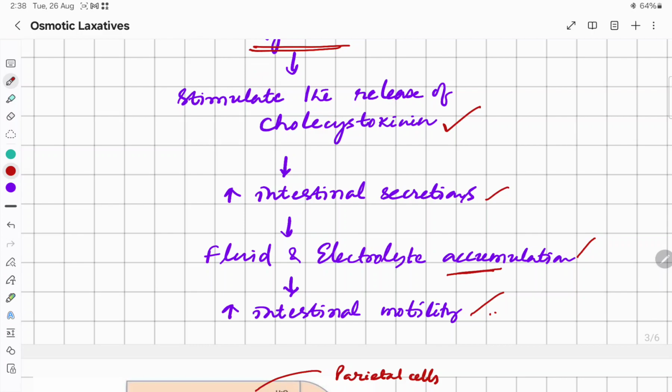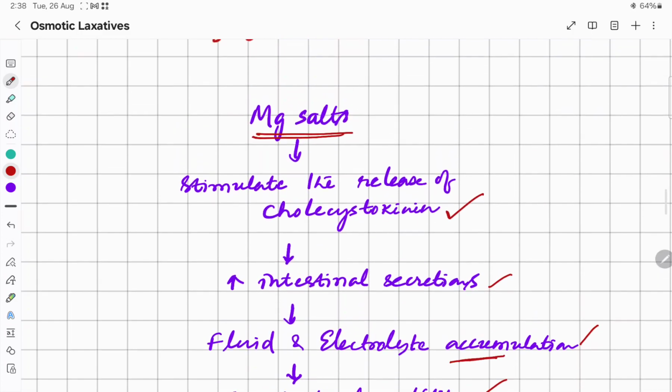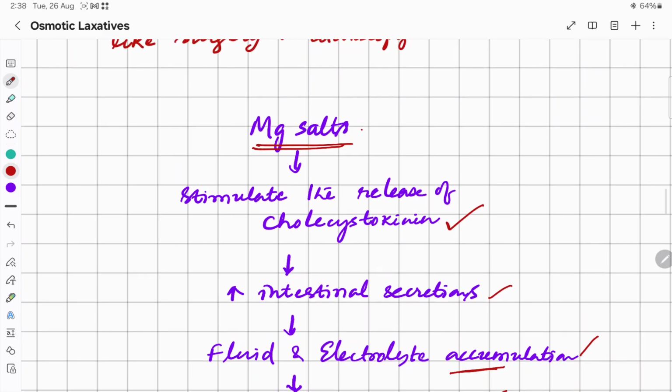Cholecystokinin also has a direct action on the GIT motility. It increases the GIT motility. So that is an additional mechanism for magnesium salts.